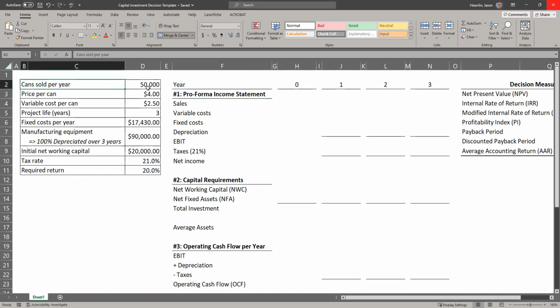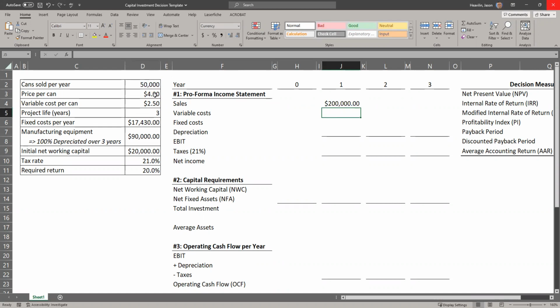And if they sell 50,000 cans of whatever product is in the can, and each can is $4, then it's as simple as multiplying the 50,000 cans times the $4.